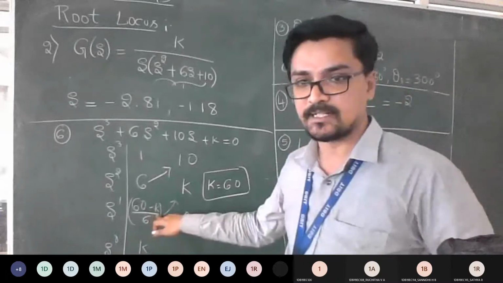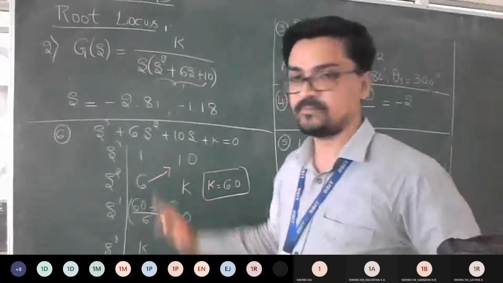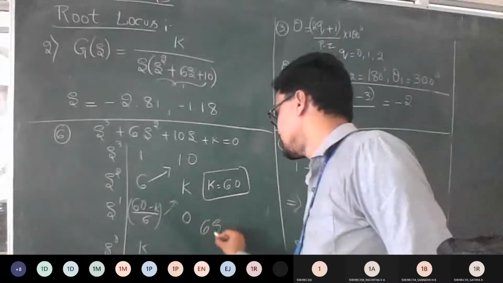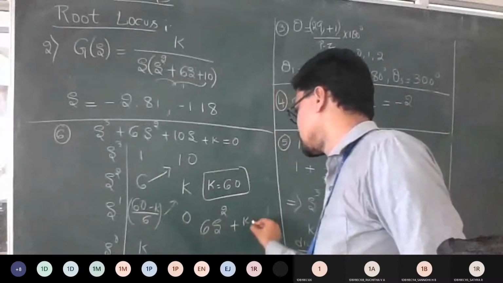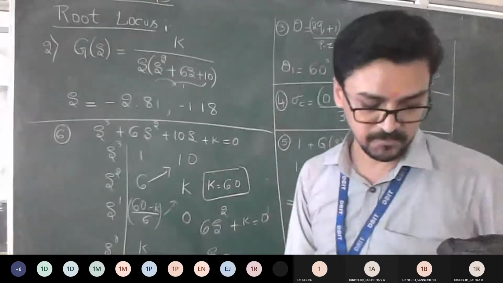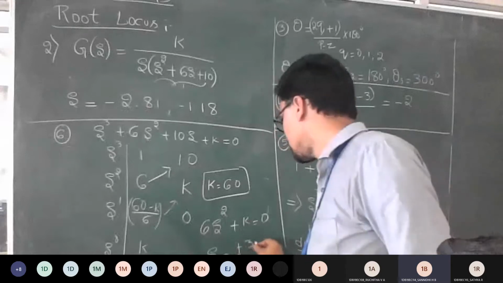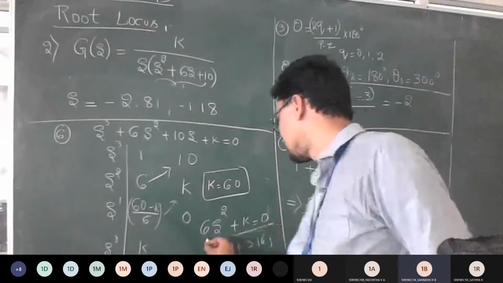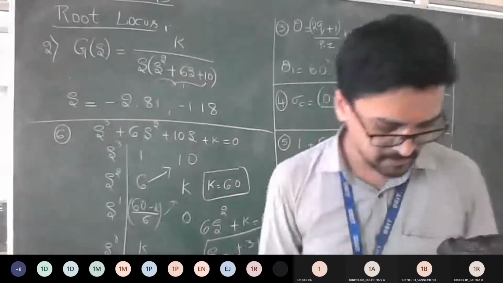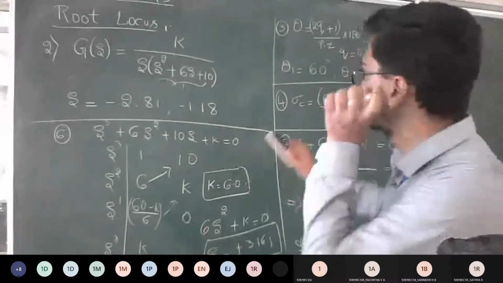If you take this row as 0, the row above you consider as the auxiliary equation. So the equation is 6 s square plus k equal to 0. Substitute k as 60 and tell me the s value. Plus or minus 3.16j. Is s equal to 3.16j? Everyone got the same answer? Yes, sir. Good. So we have finished 6 steps.